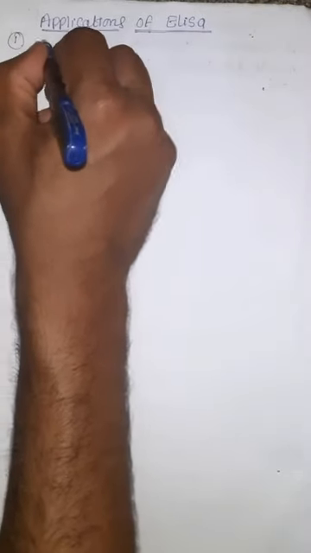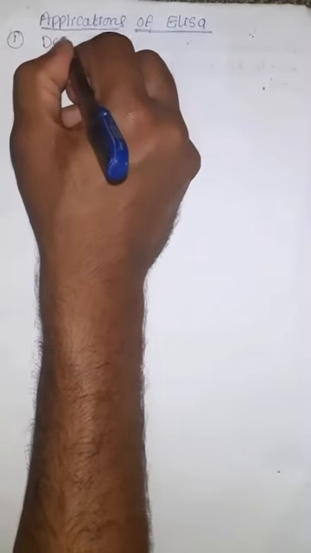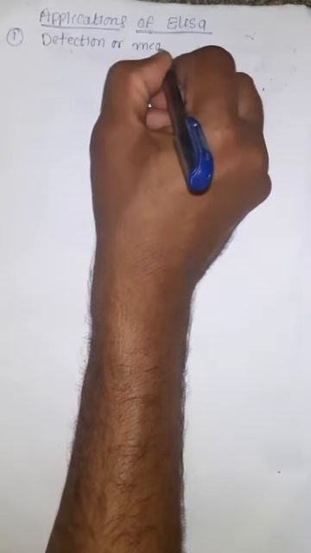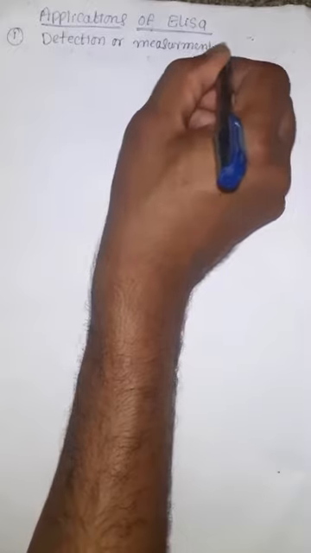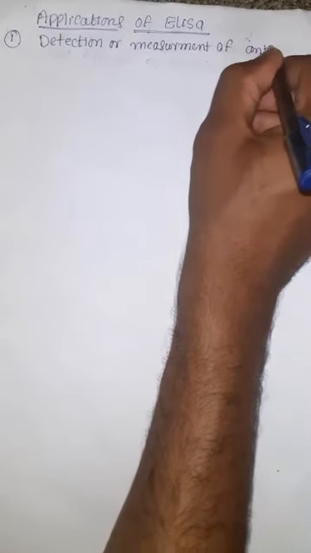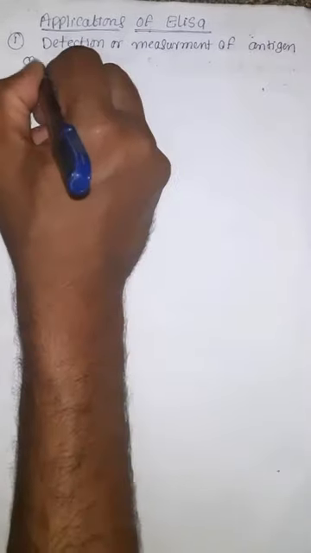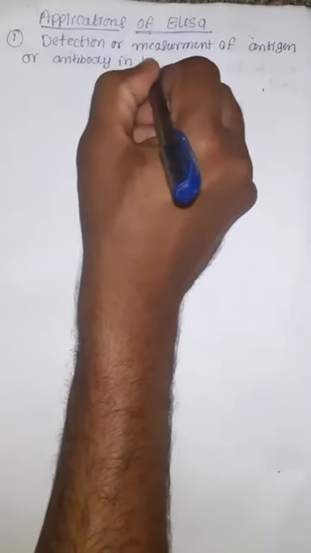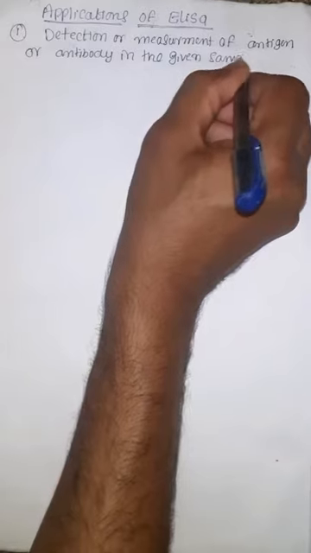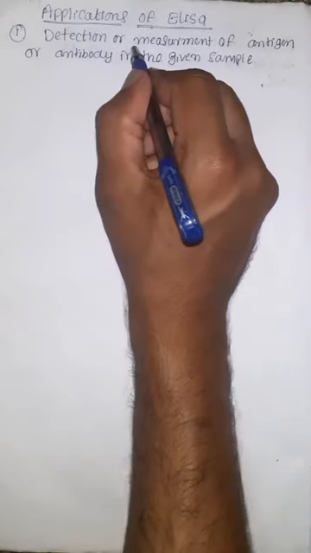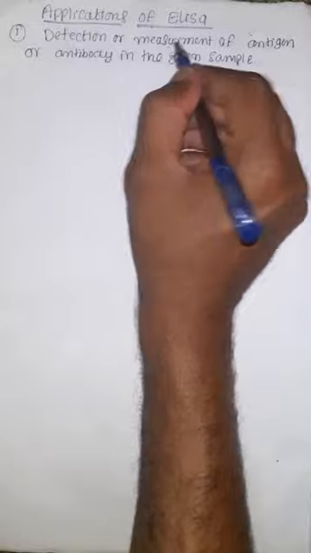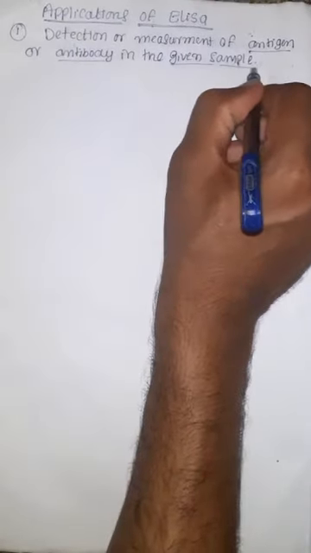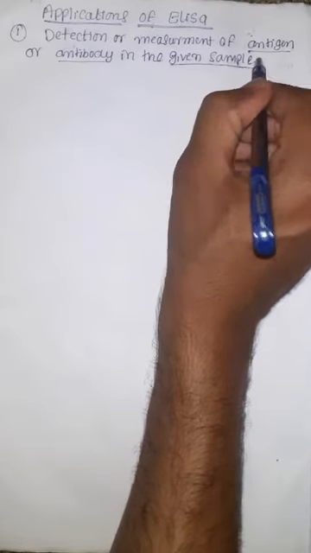It is useful in the detection or measurement of antigen or antibody in the sample. It is useful to detect or to measure the antigen or antibody in a given biological sample.